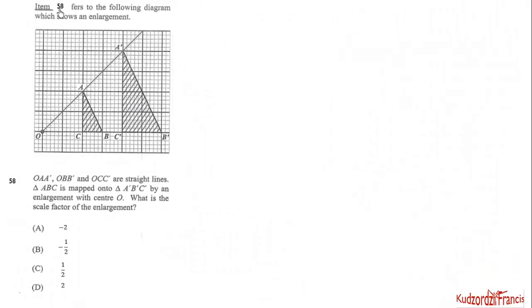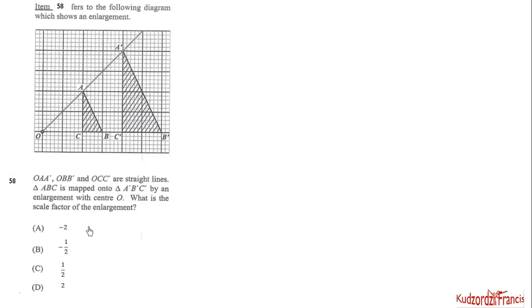Then item 58 refers to the following diagram, which shows an enlargement. So OA prime, OB B prime, and OC C prime are straight lines. Triangle ABC is mapped onto triangle A prime B prime C prime by an enlargement with center O. What is the scale factor of the enlargement?